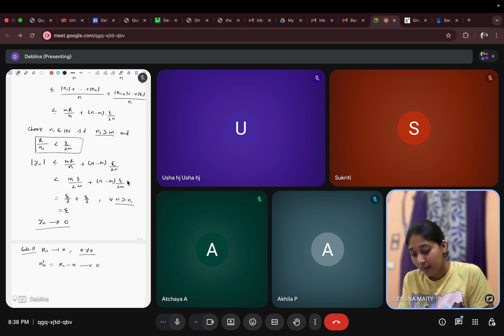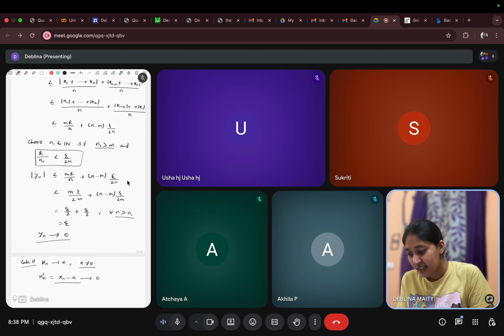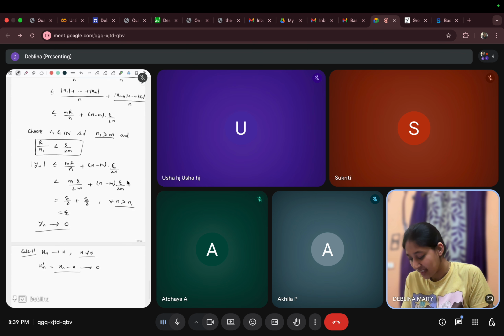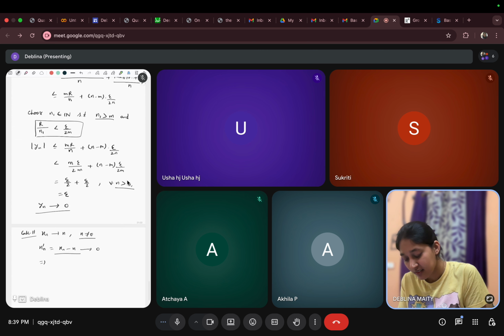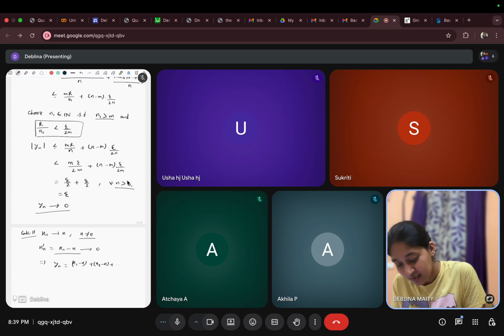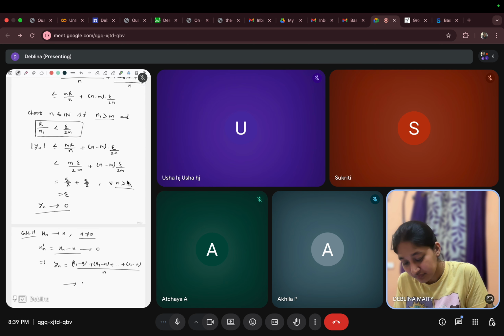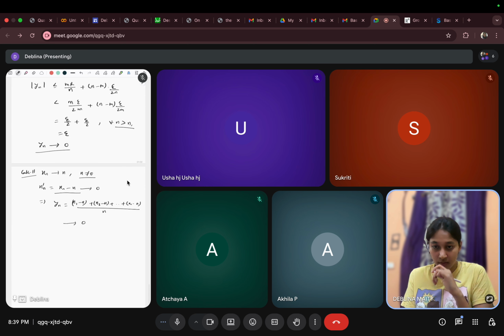If we use this case 1 on xn dash, then we will see that yn, which is (x1 minus x plus x2 minus x plus ... plus xn minus x) by n, is going to be 0 by case 1.